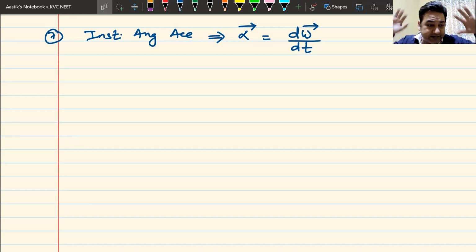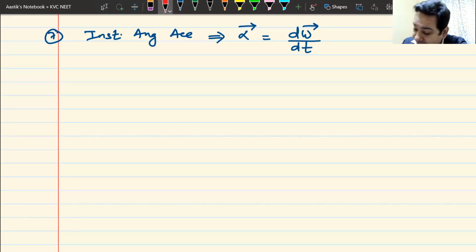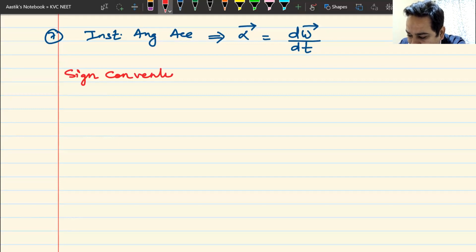Am I clear? Can I have some raised hands that we understand this? Raised hands give me a lot of confidence that we have understood this. So, to solve any question in circular motion, we should have a sign convention.